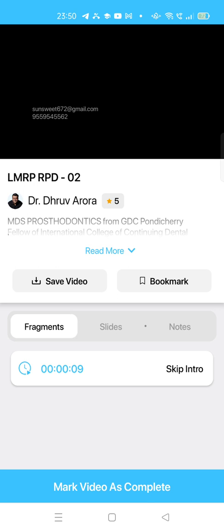Next is red, which is all for your mouth preparation, where you want to place your guiding planes and your rests. All these things come under the red color. And black is your carbon marking, which is majorly for the survey lines, the hard and soft tissue undercuts. So this is what you need to remember, the color coding.